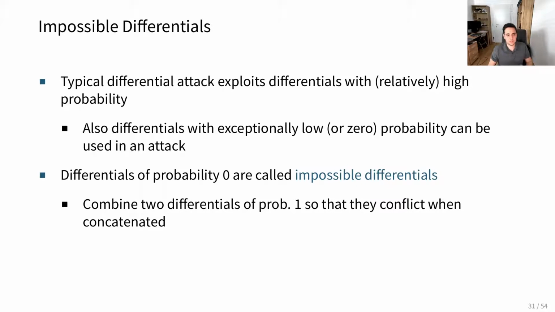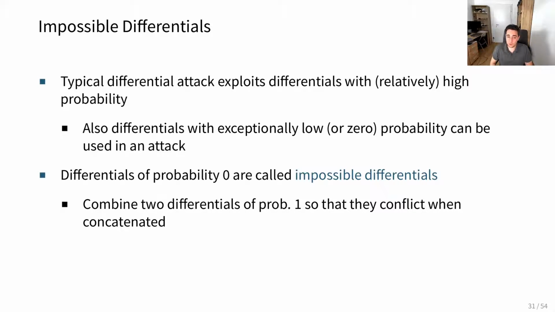And so there's now a distinction. Usually, as an attacker, we try to have some differential which holds with a relatively high probability, because that makes an attack more efficient. However, if we have some differential which holds with an exceptionally low probability, and now it's almost always 0, because exceptionally low is the generic probability already.